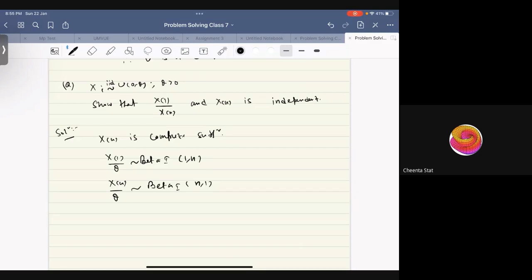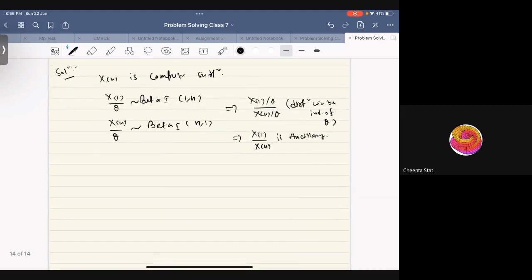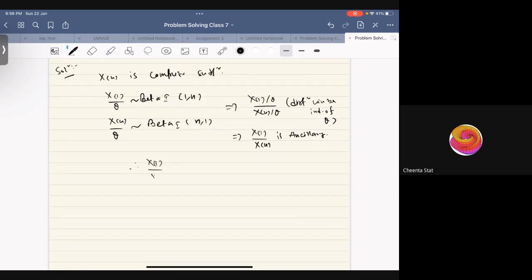Now if I take X order 1 by theta divided by X order n by theta, whatever the distribution is, it will be independent of theta. So X order 1 by X order n is ancillary. That's why X order 1 by X order n and X order n are independent.